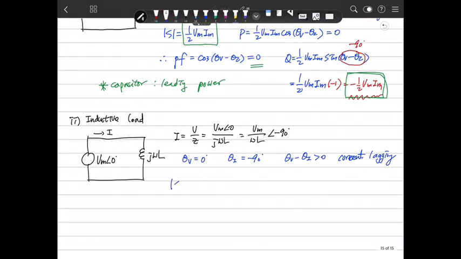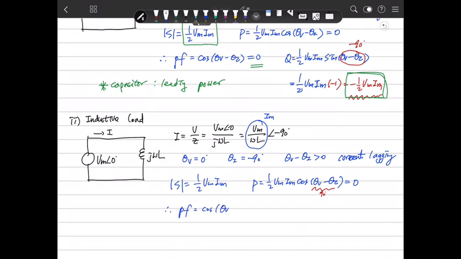In this case, the apparent power is the same thing, Vm Im. But the power P is half Vm Im cosine of theta V minus theta I. That is 0. Why? Because this is 90 degrees. Therefore, the power factor, cosine of theta V minus theta I, is also 0.